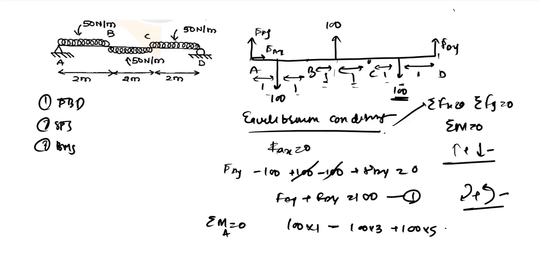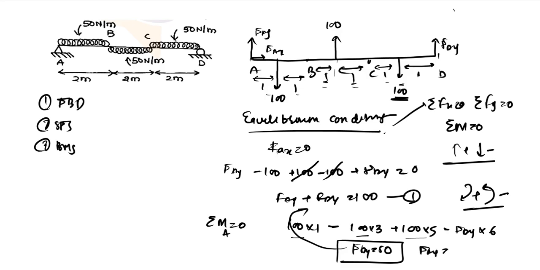And finally we have the Fdy force, which will act as an anti-clockwise moment, and the total length is 6. So we have this as our equation. We can calculate this. It will be 500 plus 100 minus 300 is 300. Divided by 6 is 50. So Fdy will be 50. And you can put this into your first equation. Fay will also come out to be 50.